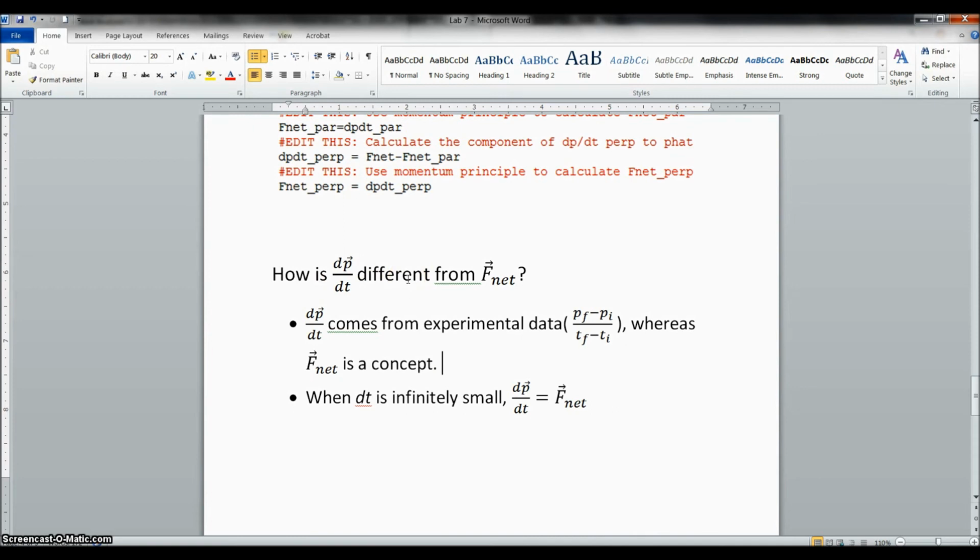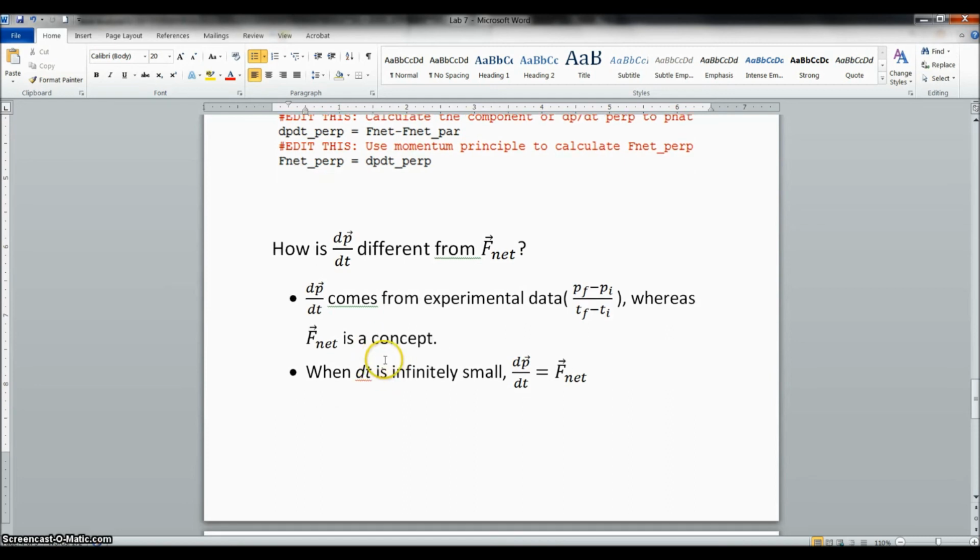It's different because dp/dt comes from experimental data, which is the change in momentum over the change in time, whereas F net is just a concept. It's a mathematical derivative of the momentum function over time. When dt is infinitely small, when we actually take a derivative of the p function, we get dp/dt equals F net.